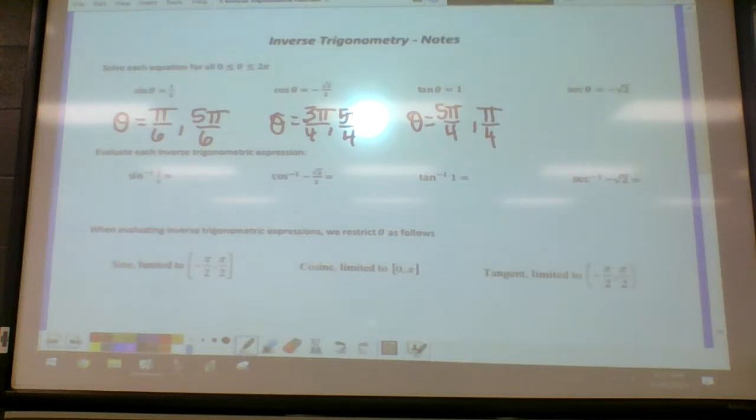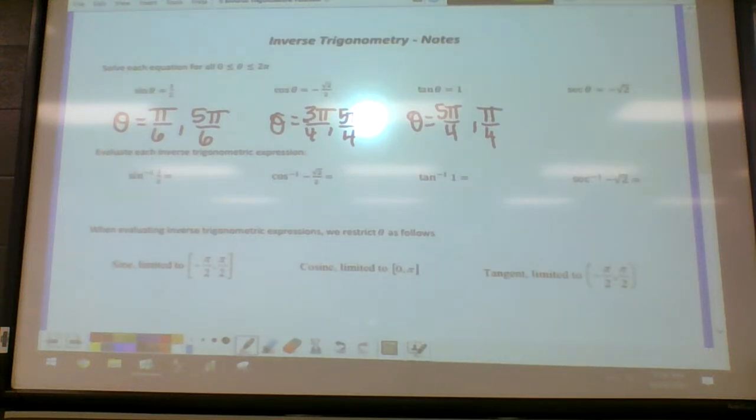All right, and last but not least, and maybe the trickiest one up here, secant of theta equals negative square root of 2. And so you had to remember secant is the reciprocal of what? Cosine. So where is the cosine? Square root of 2 over 2, right? So when you reciprocate it, you just get square root of 2. And that cosine also has to be a negative.